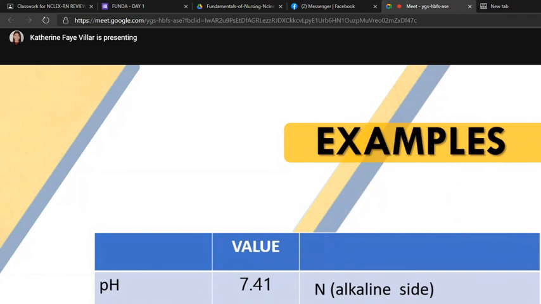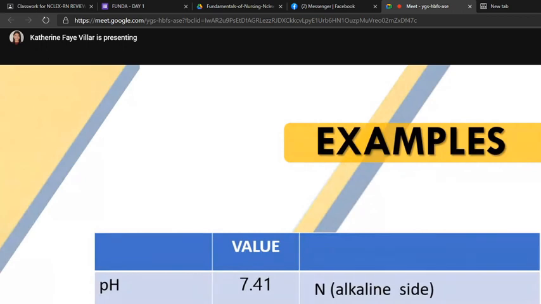Dapat alkaline. So, ano magiging interpretation na niya 'pag naging alkaline na siya?